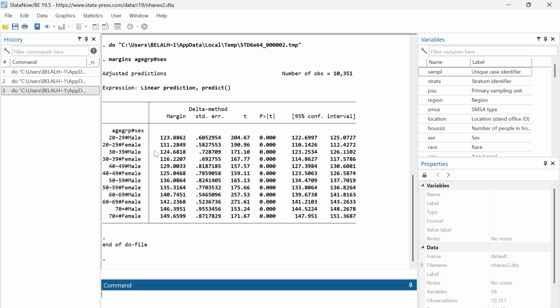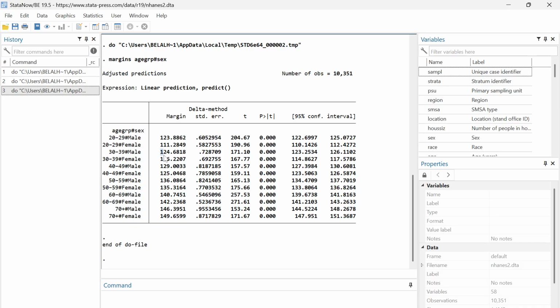As you go farther down, you can see this difference between male and female among the middle ages shrinks: 124 and 116, and 129 and 125. And if you go even further, you can see 60 to 69 for male, it's only 140. And for the same age group, the female is now higher, 142. The same is true for 70 plus: male 146, and 70 plus female 149.